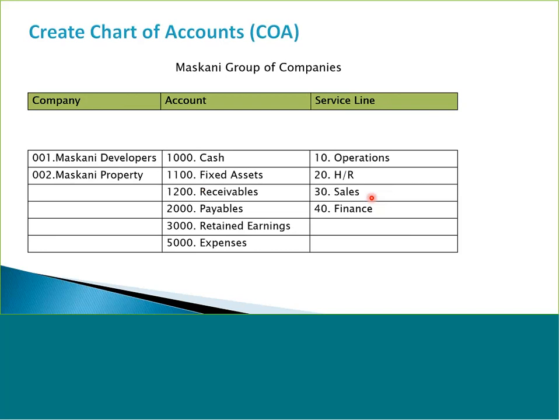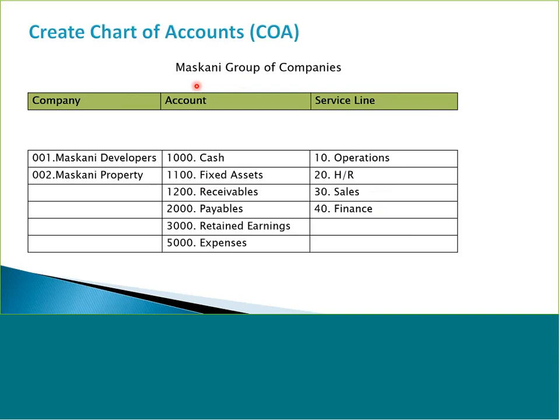Technically, in general ledger, you can create a chart of accounts that just shows this part of the account, because this is accounting information. You will be able to show that cash was affected, or fixed assets were affected, or receivables were affected, and the amounts.